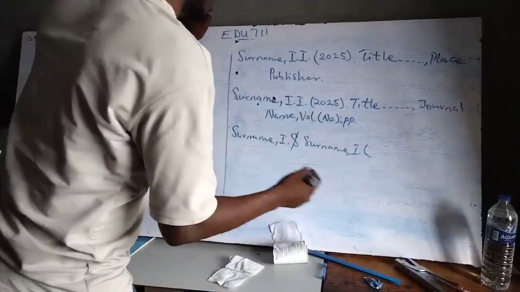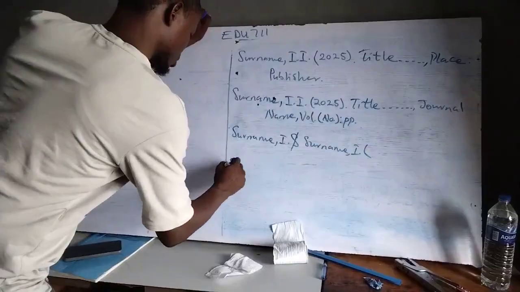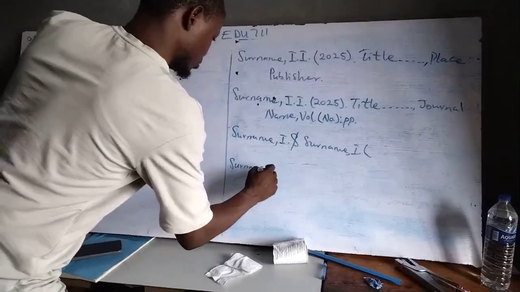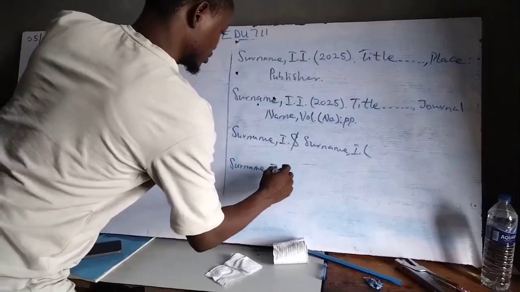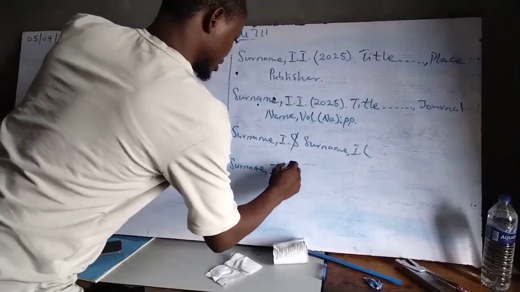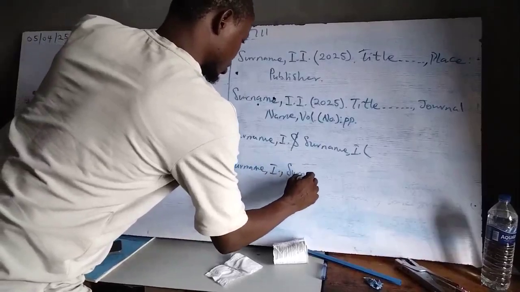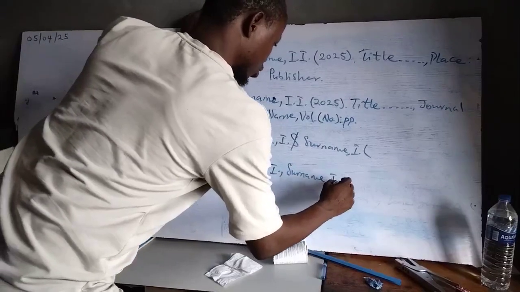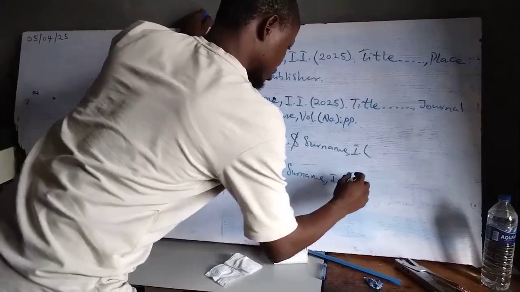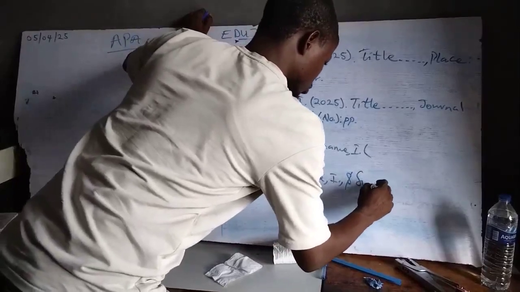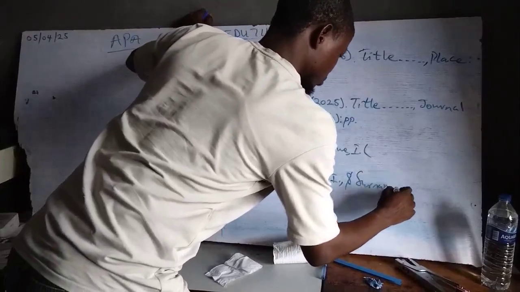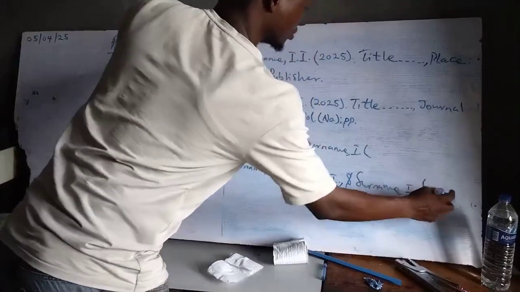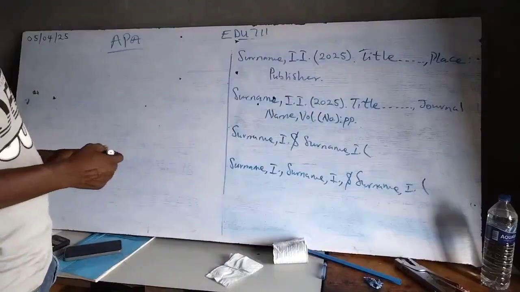If there are 3 authors, the first author, the main author, surname, then comma, the second author's surname and initial, comma, then ampersand, the third author's surname, comma, initial, year of publication, and so on.